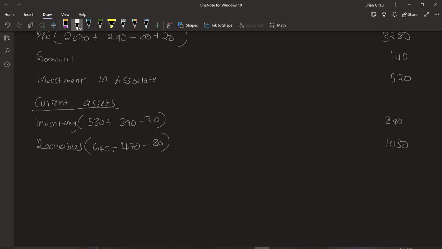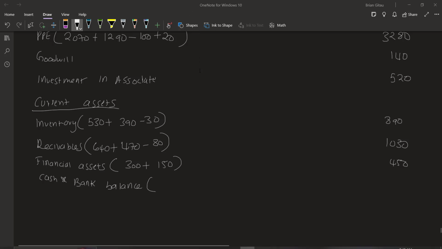We take the financial assets. The financial assets, we have 300 plus 150. There is no other adjustment. We get 450. We go ahead and take the cash and bank balance. Cash and bank balance, we have 360 plus 200.